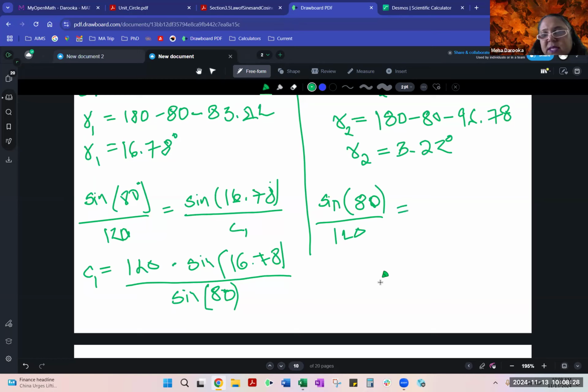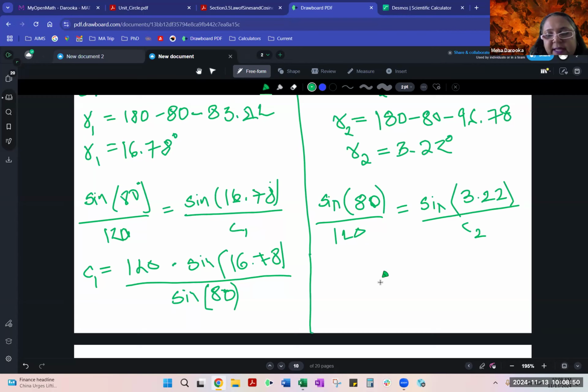So for C2, we will then have on the other side sine of angle 3.22 divided by C sub 2.